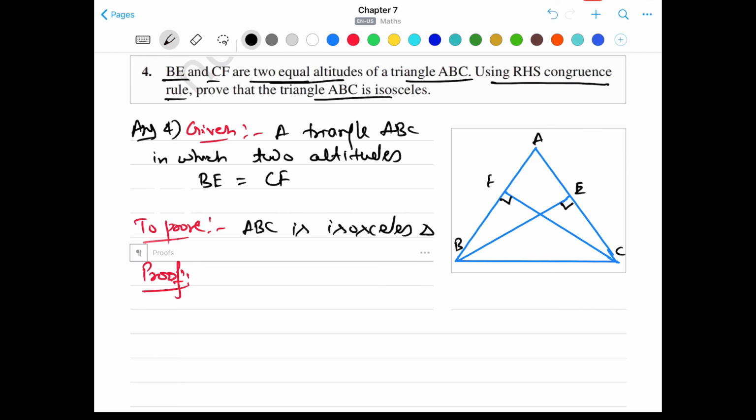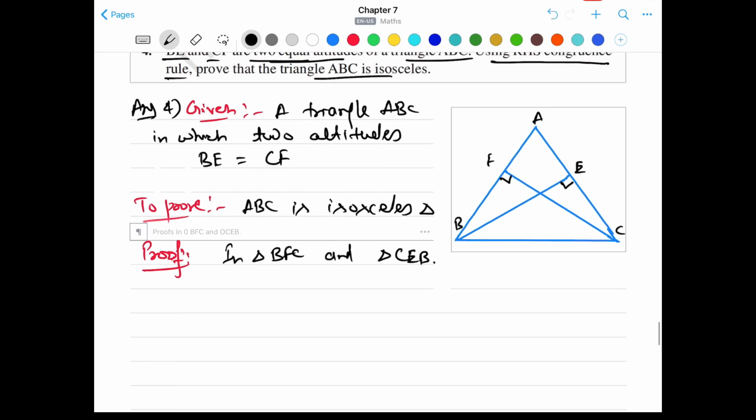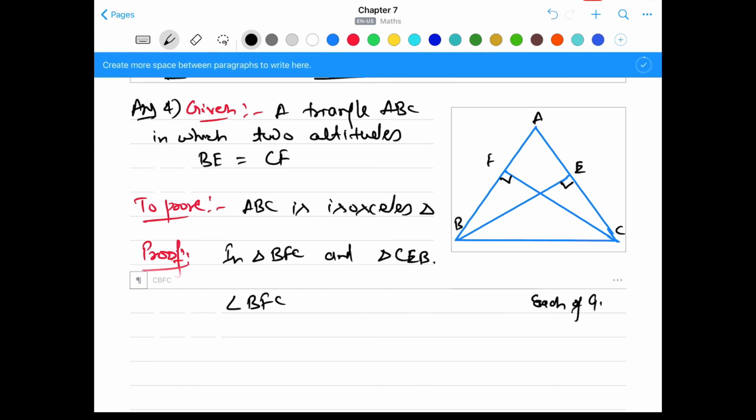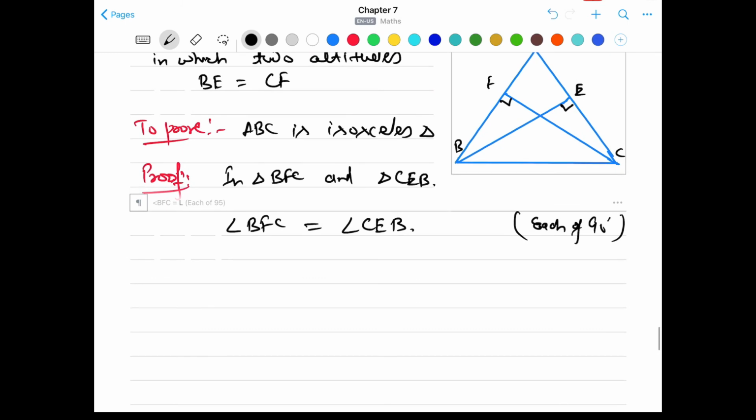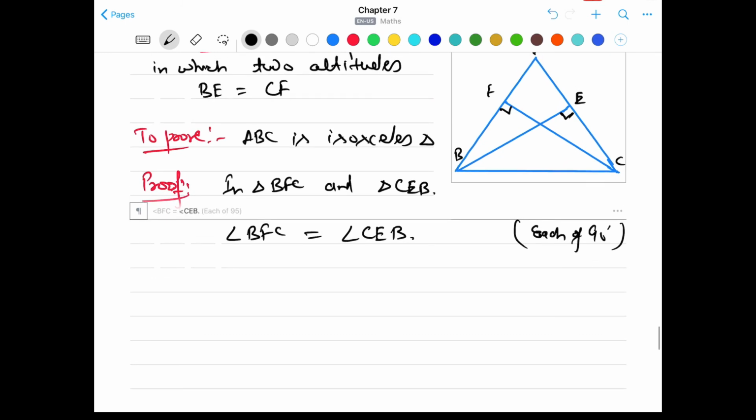It's very easy. We are going to use the RHS congruence rule here. So we'll write, in triangle BFC and triangle CEB, we have angle BFC equal to angle CEB, and each is 90 degrees.